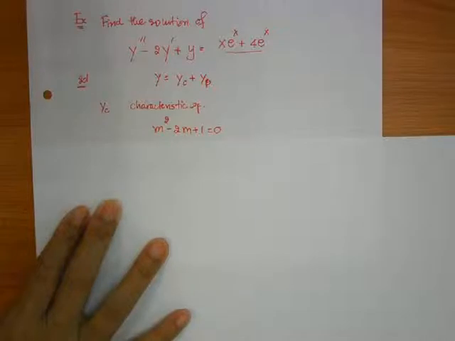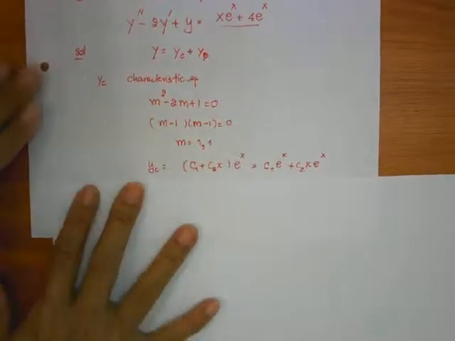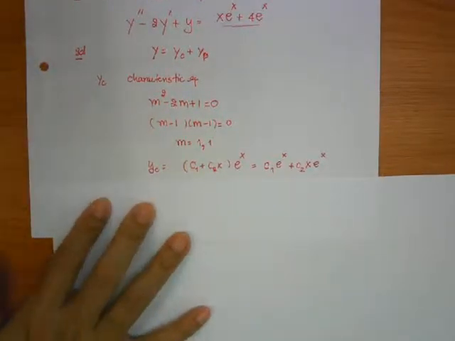So what is your YC then? It is repeated, right? It is the second case. You got real repeated roots. So what is your YC? C1 plus C2 x, and the whole thing times exponential of x. That is your YC.